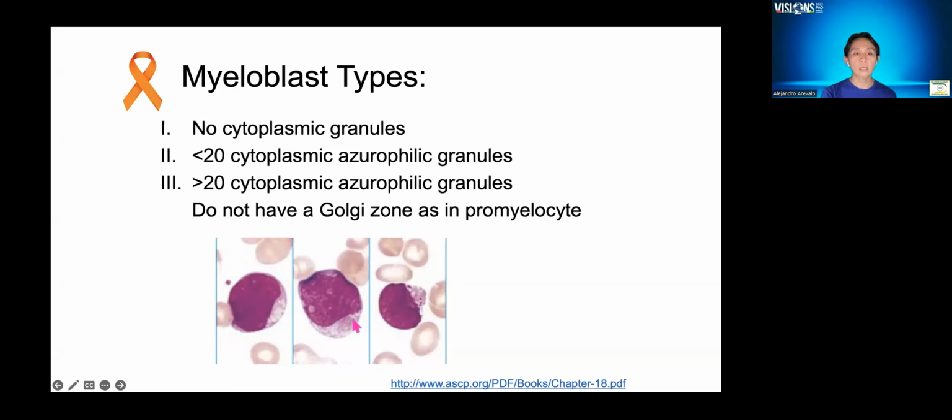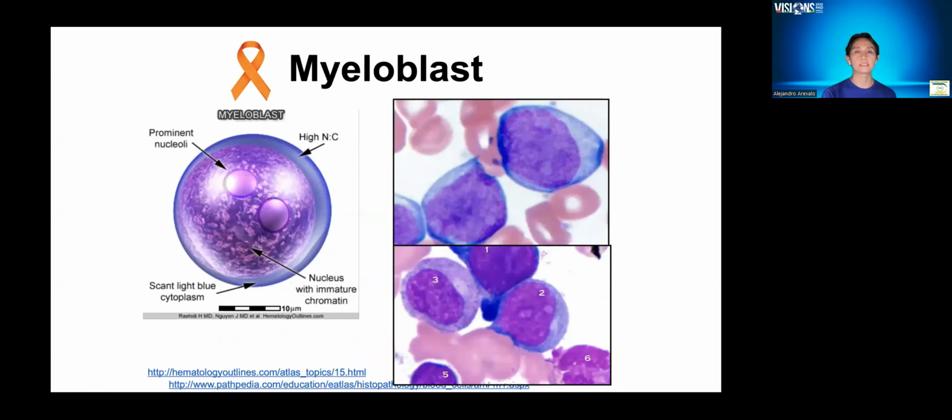Type 2 would have 20 or fewer cytoplasmic granules, but with more than 20, you will have your type 3. Of course, type 3 can be mistaken for promyelocytes, but typically you don't have a Golgi zone as one would appreciate when looking at a promyelocyte.